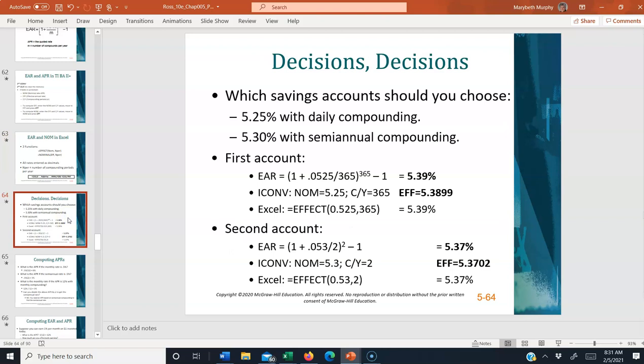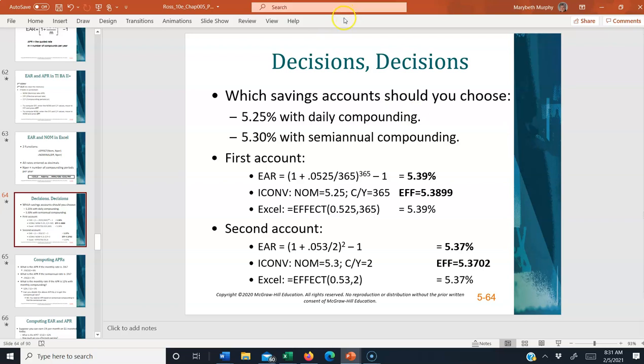Okay, which savings account should you choose out of these decisions? 5.25 with daily compounding or 5.3 with semi-annual compounding. Okay, so on both of these, we want to calculate the effective rate.